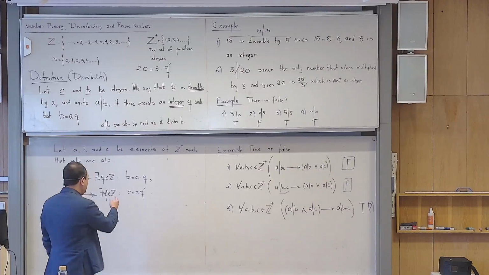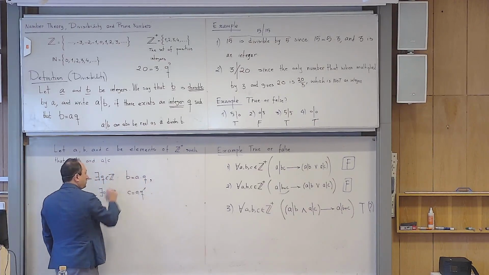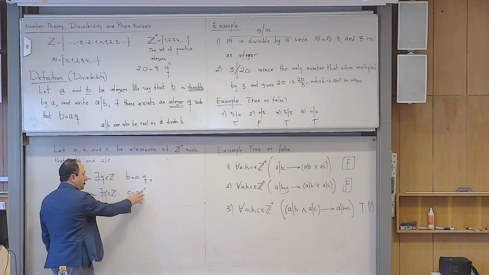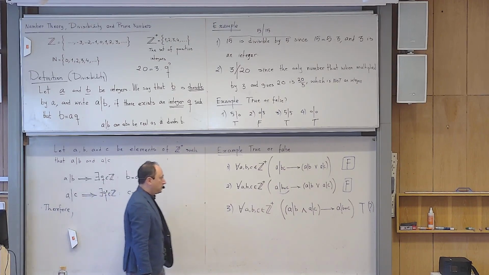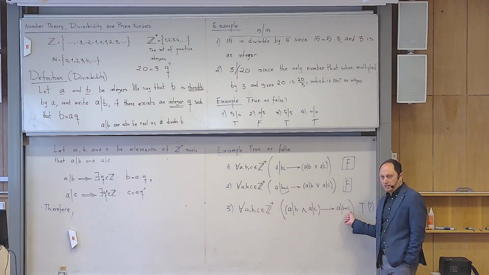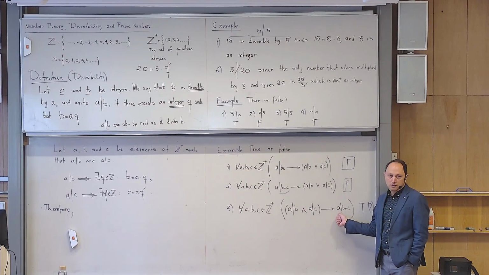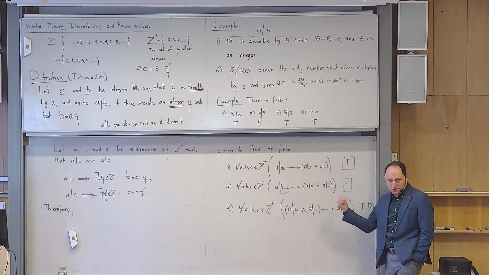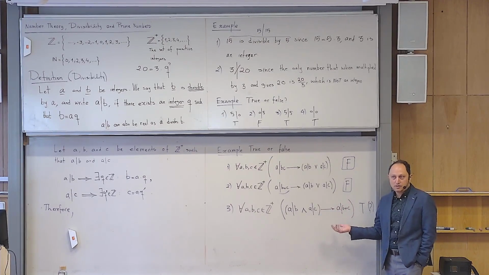So you have B and A in one relation, you have C and A in one relation, but your goal is to say something about B plus C and A. So what is the natural thing that comes to mind? The next step. Add them.